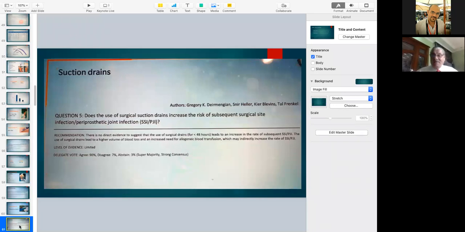But keep in mind, if you open the drain directly after the surgery, it will act as negative pressure and get the blood from all the area of the knee, and maybe drain a large amount of blood that causes anemia, more than 1.5 liters of blood. It needs blood transfusion, so you create a risk factor for PJI.